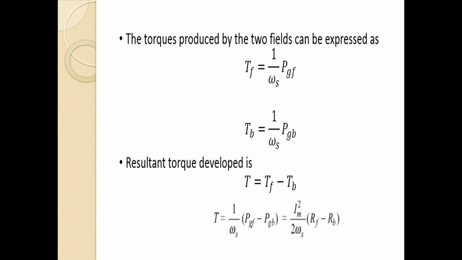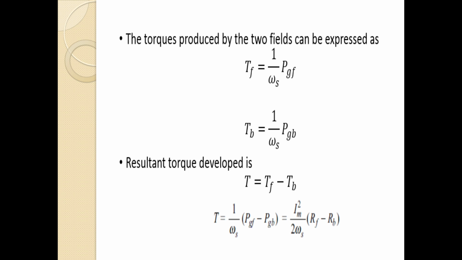The torque produced by the two fields can be expressed with the formula: torque is 1 divided by omega s, replaced by 1 divided by omega s times PGF. TF is the forward torque and TB is the backward torque, 1 divided by omega s times PGB, and the resultant torque developed is T is equal to TF minus TB. TF means forward and TB is backward, and the above two values will be substituted in this equation.